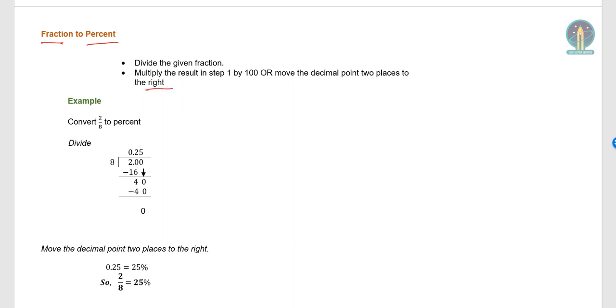And now you have a percent from a fraction. So you go from fraction to decimal to percent.